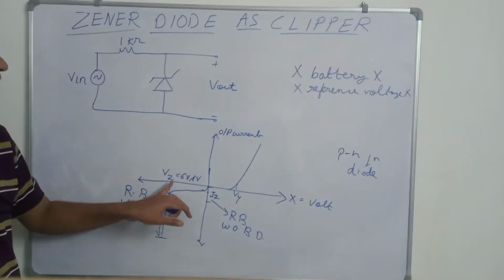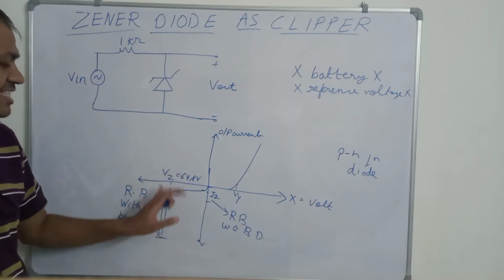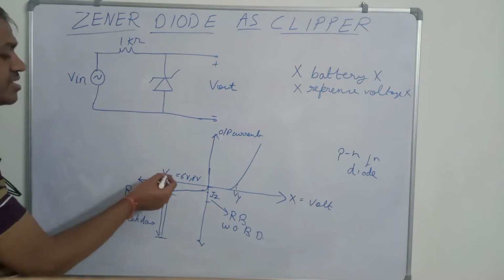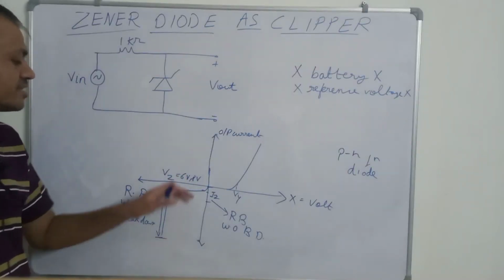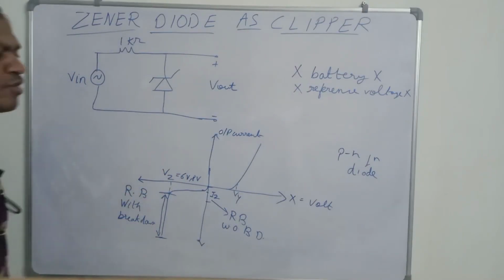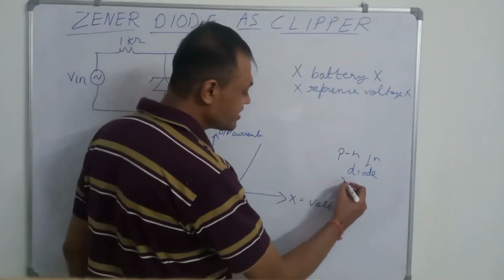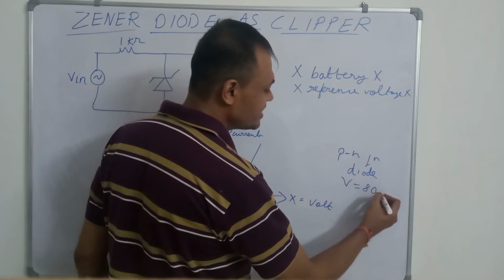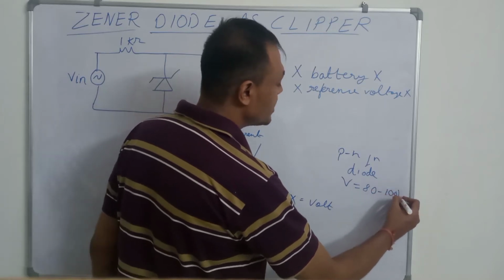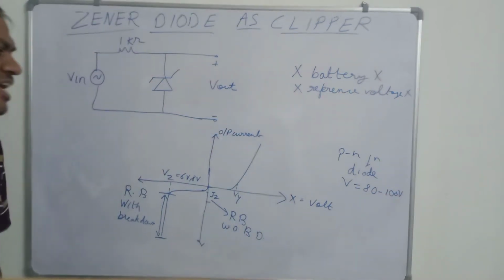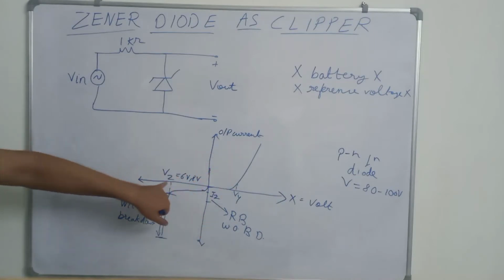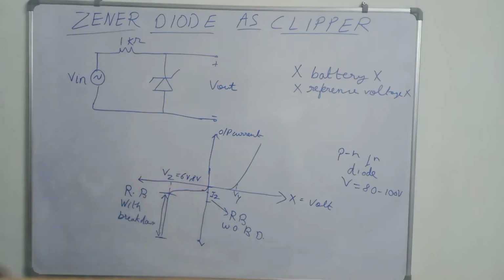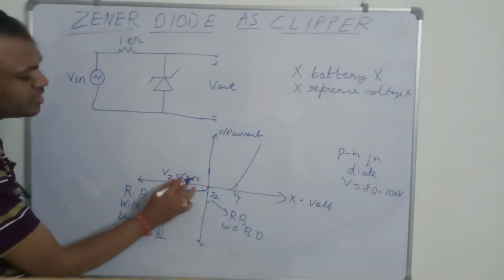So this reverse bias breakdown can be easily achieved in a Zener diode, but in a practical PN junction diode the breakdown voltage is very high, 80 to 100 volt. So it is not possible to break it down without applying a high voltage, whereas in Zener diode we can break it down very easily by applying 6 volt to 8 volt.